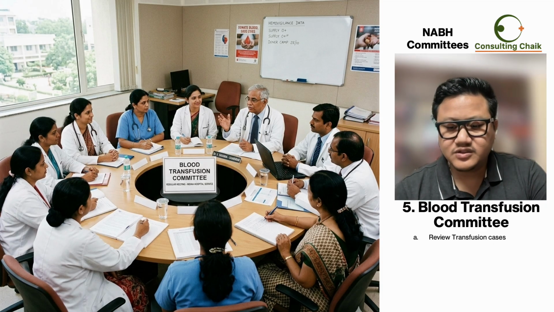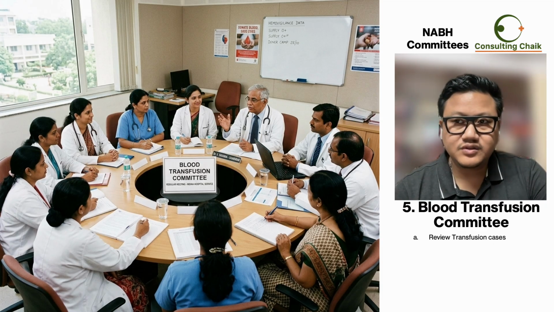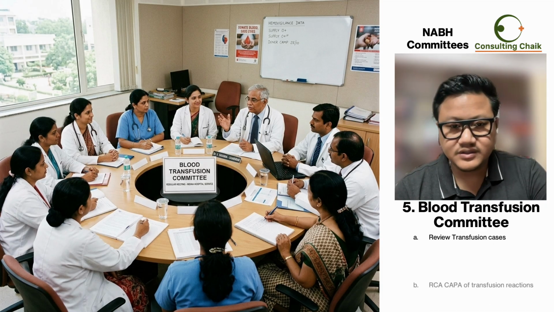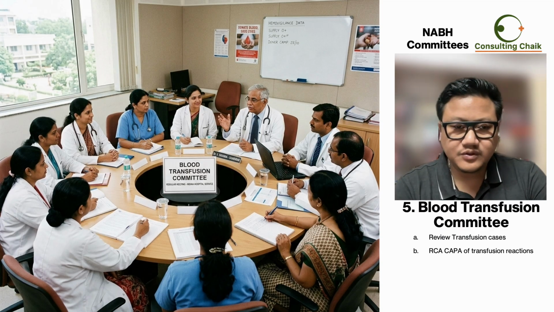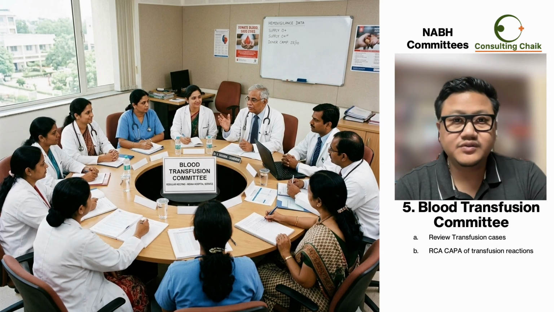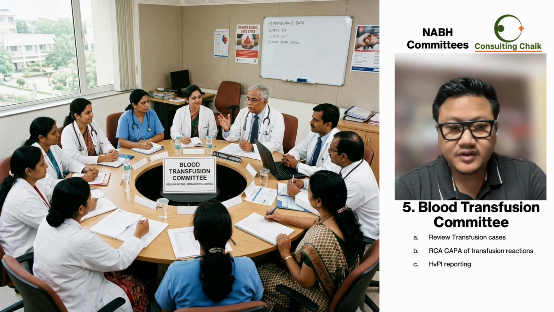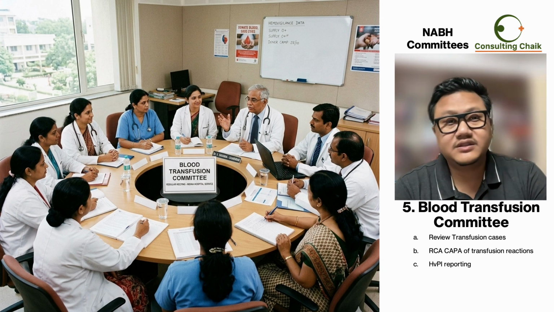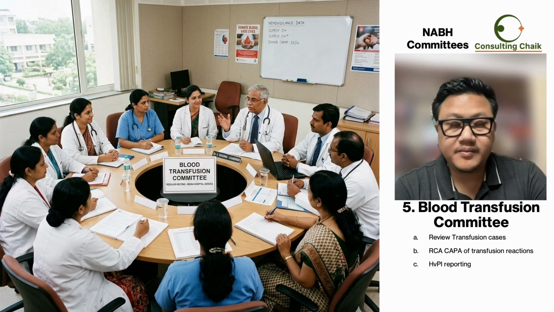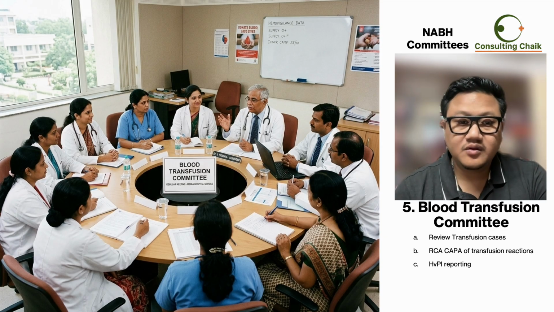Those things need to be discussed, and out of those, if there were any complications, if there were transfusion reactions, then root cause analysis, corrective action, and preventive action need to be done. And those transfusion reactions need to be reported to the Hemovigilance Programme of India.